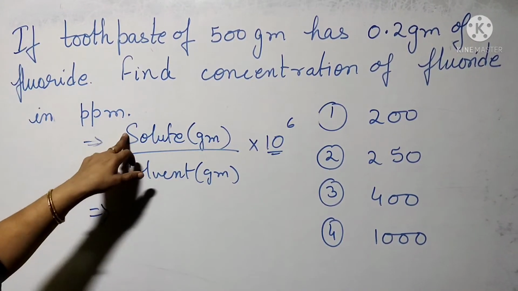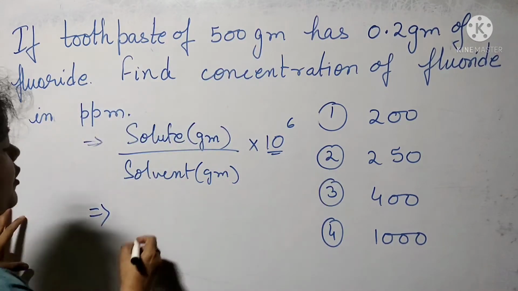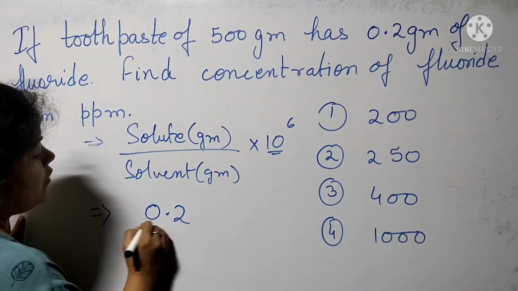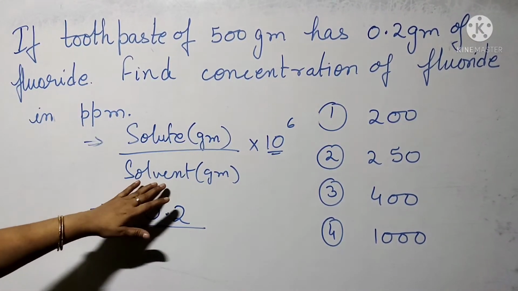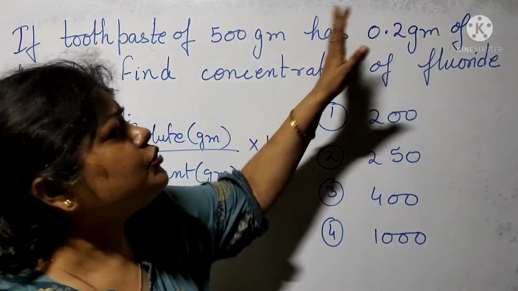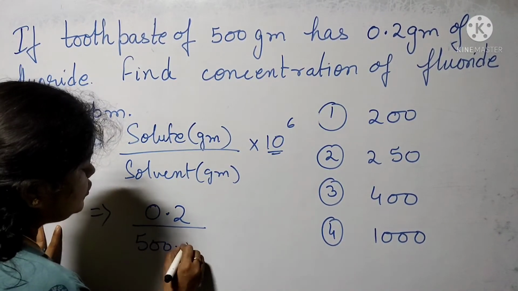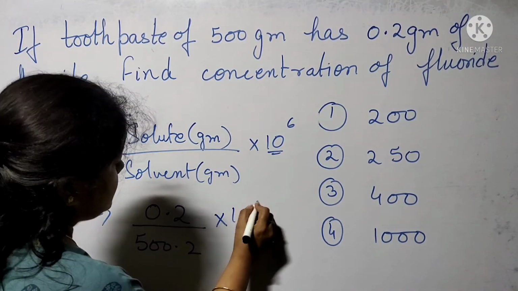Now which is the solute here? The solute here is the fluoride and it has 0.2 gram. Now what is the weight of the solvent? In the denominator we don't write only 500. We have to sum up both of the two and we get 500.2, into 10 to the power 6.